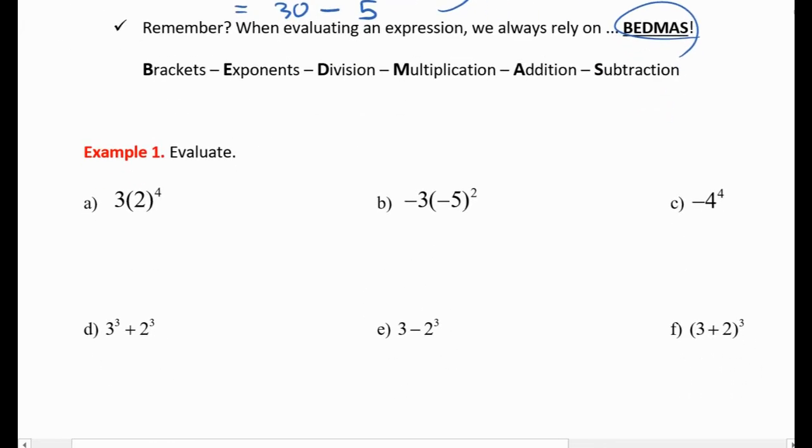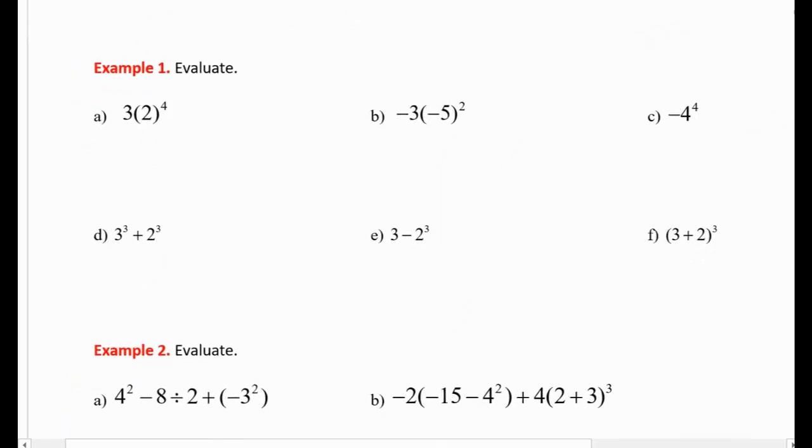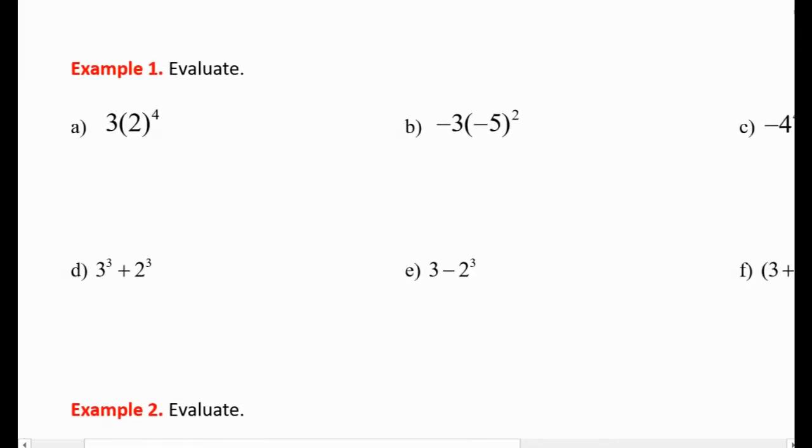Okay, now we're going to solve some exponent problems. Here we have 3 bracket to the power of 4. So everyone, when there's nothing in between two numbers, that is multiplication. So remember, the multiplication is hiding. Okay, we do the BADMAS.